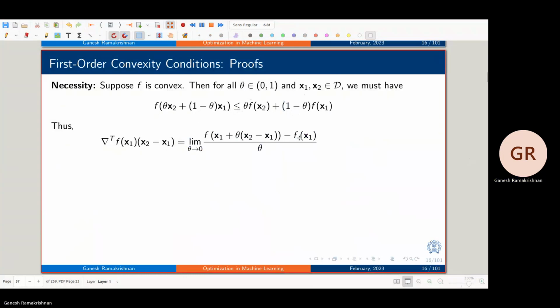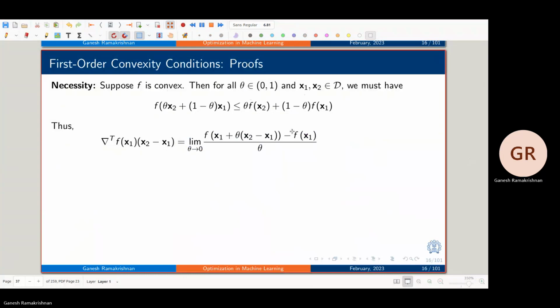So this whole numerator is less than or equal to theta f of x2 minus theta f of x1. Is this clear? I can write this explicitly.